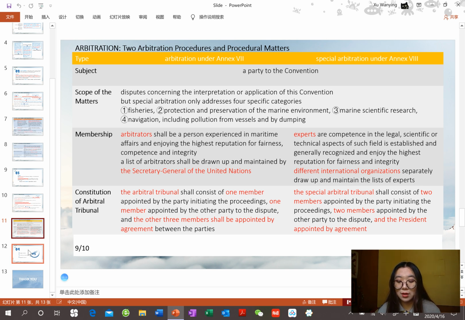But these 2 arbitrations still differ in subtleties, such as the issues of membership and the constitution of the arbitral tribunal. For more specific procedural matters, you can refer to my report.